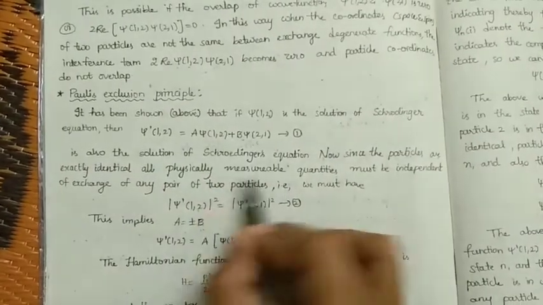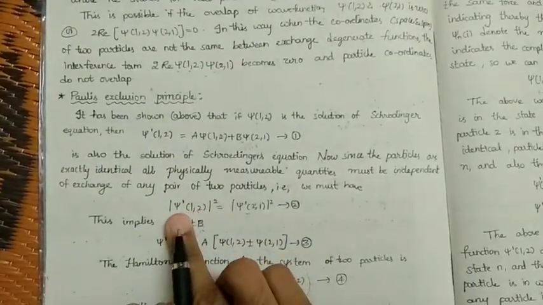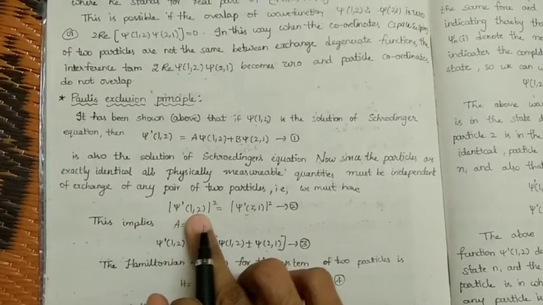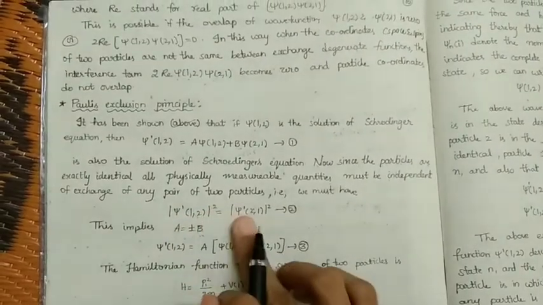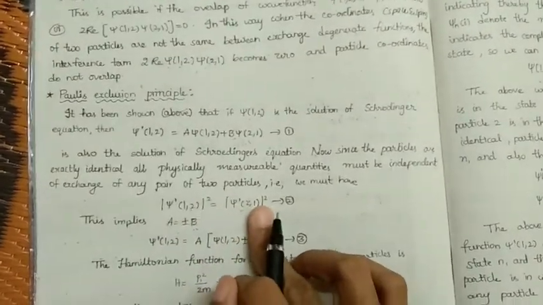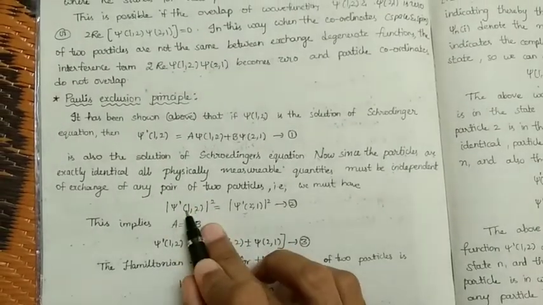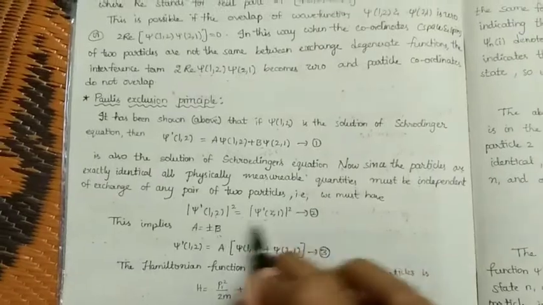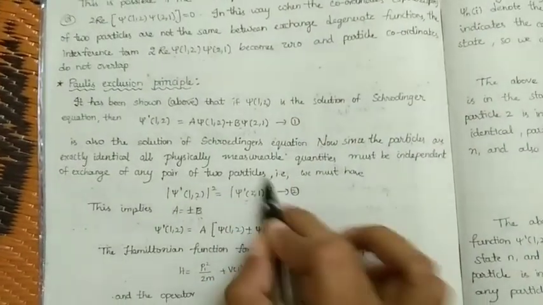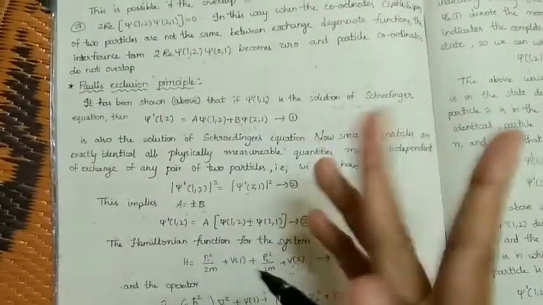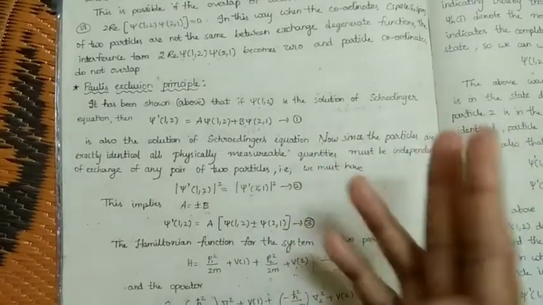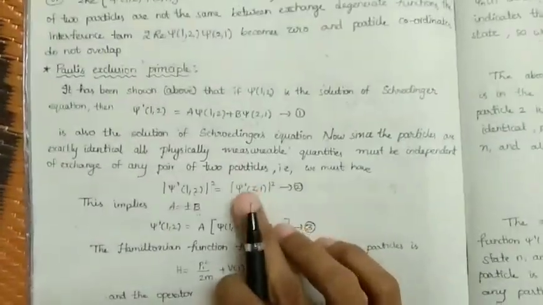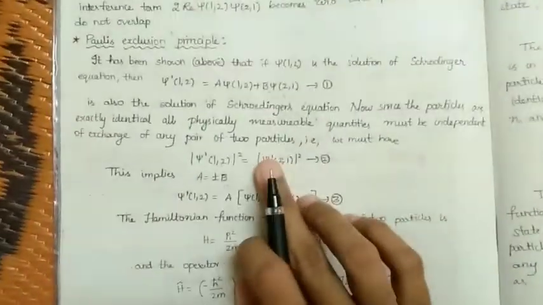So modulus of psi dash of 1,2 whole square is equal to modulus of psi dash of 2,1 whole square. That means if in the place of 1 we keep 2, and in the place of 2 we keep 1, that also gives us the same probability. If we interchange the first and second electron, the probability density would not change. That is the meaning of this equation.